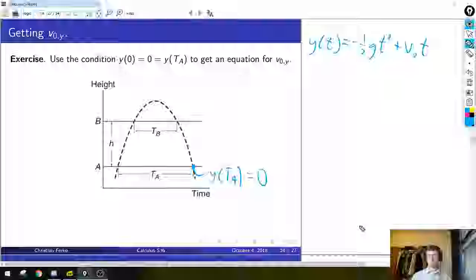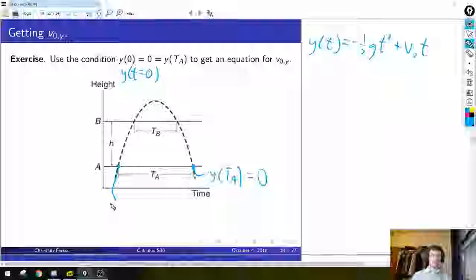Oh, wait, it's straight up equals y of ta. Because y of 0, wait. No, let me think. Why did we say y of 0? Because y is a function of time. So when time is 0... Oh, right.